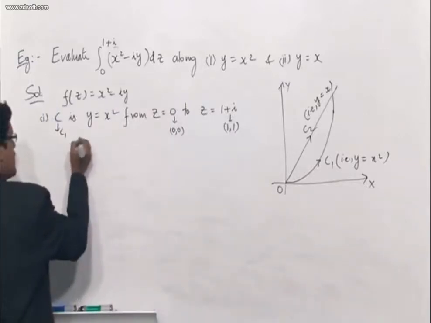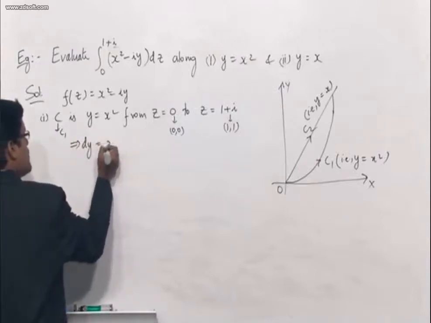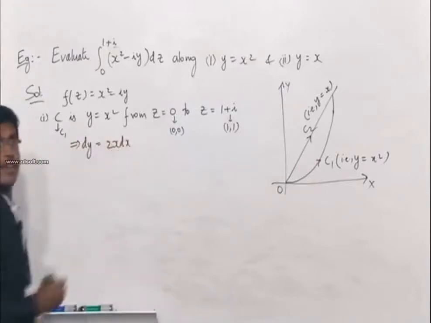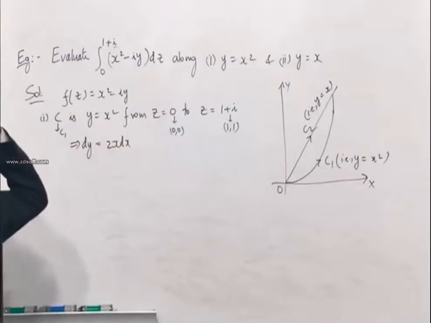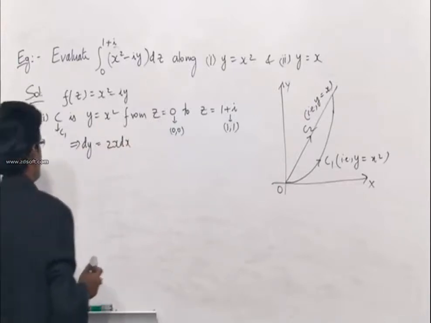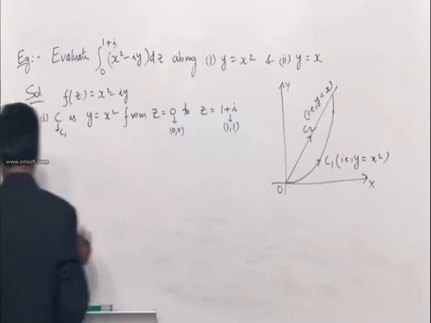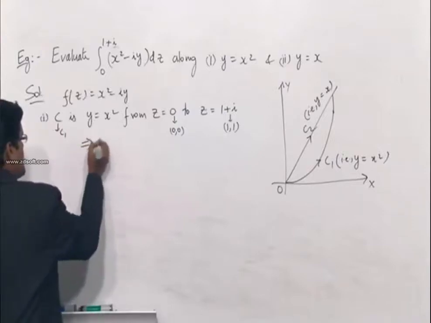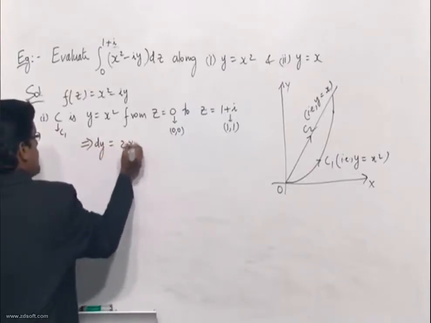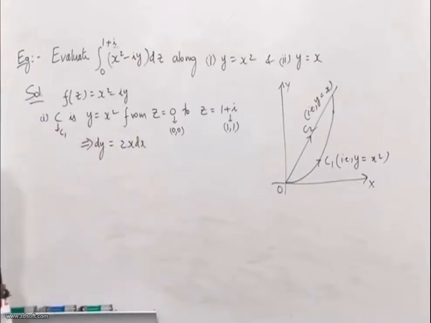So I told you yesterday, convert into one variable if possible. Line integral problem in vector calculus I have given. Same here also treatment. dy is equal to how much? 2x dx. Implies dy is equal to 2x dx. Just differentiate on both sides.